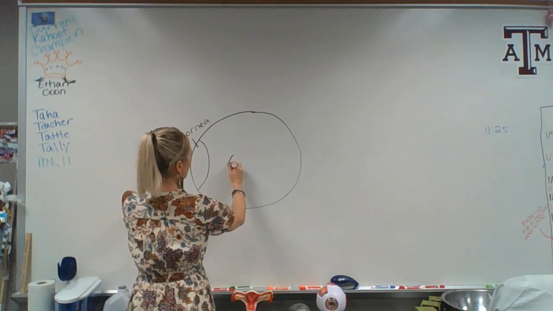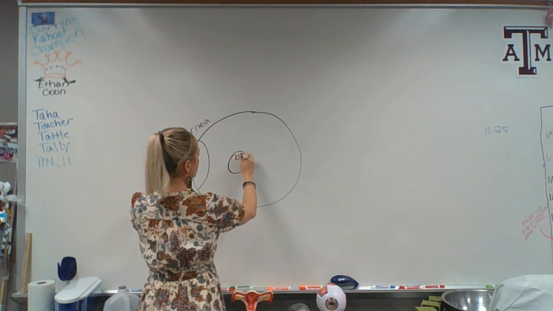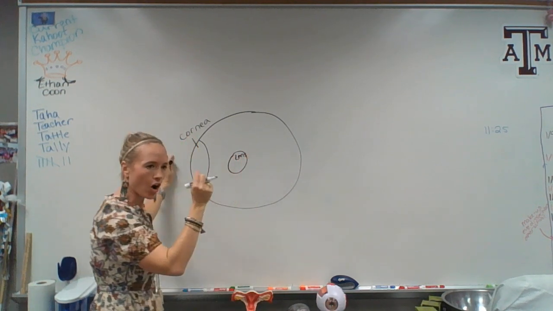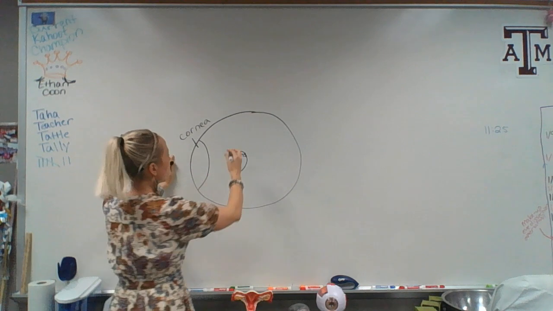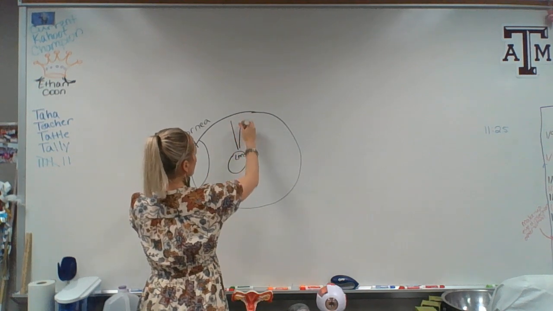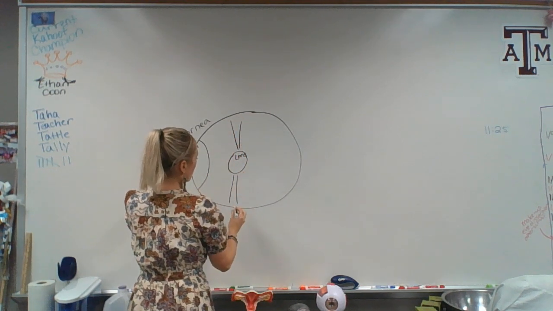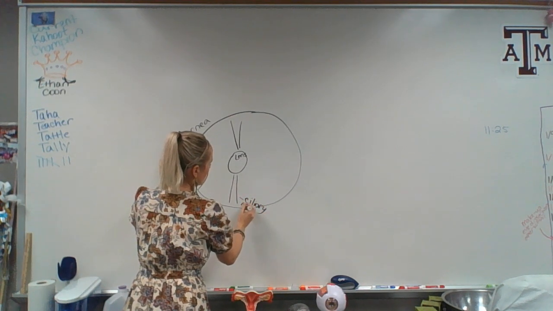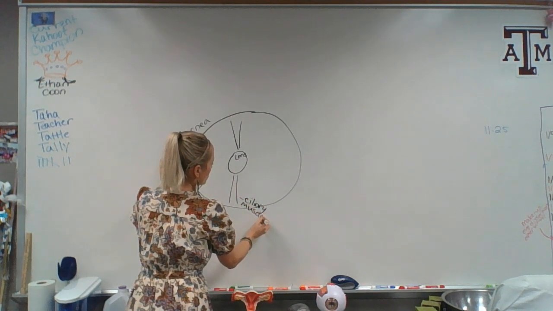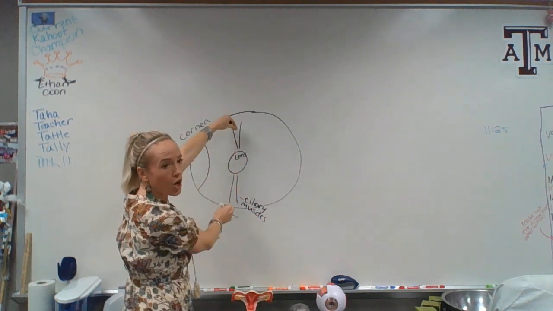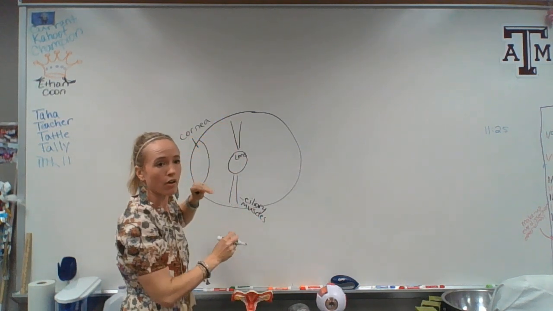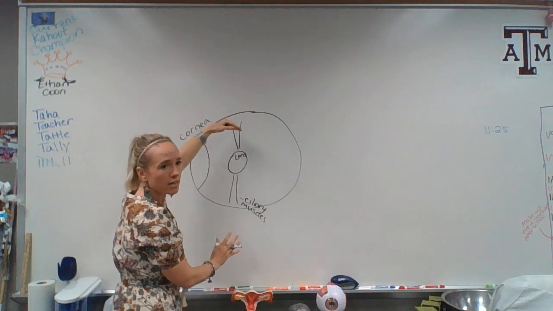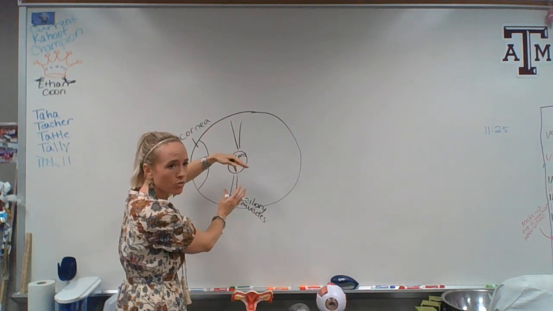And behind that you have the lens. The lens is like a hard ball, a clear hard ball, and it is pulled by muscles called ciliary muscles. You need to know that. They're going to pull the lens long when you're focusing on far objects and short when you're focusing on close objects.